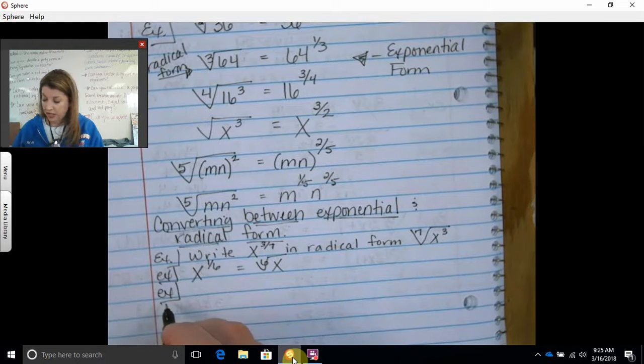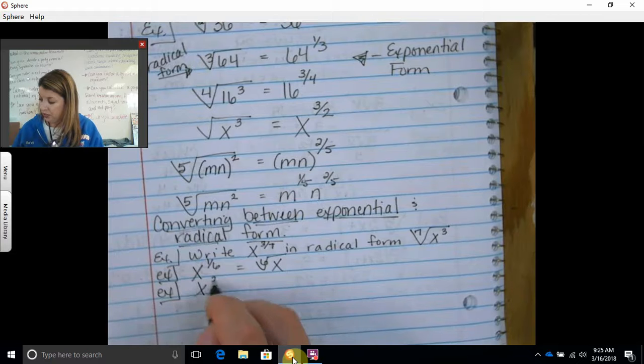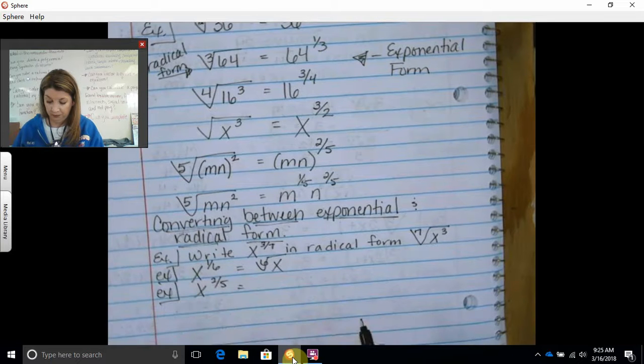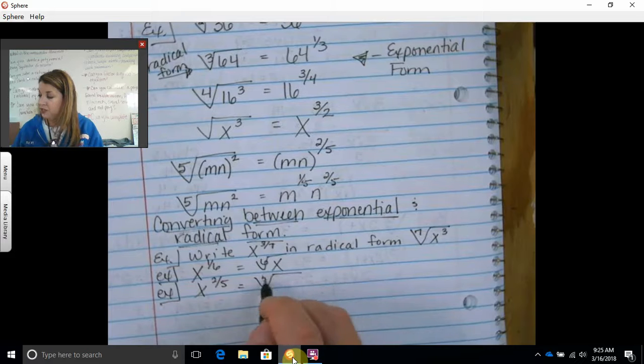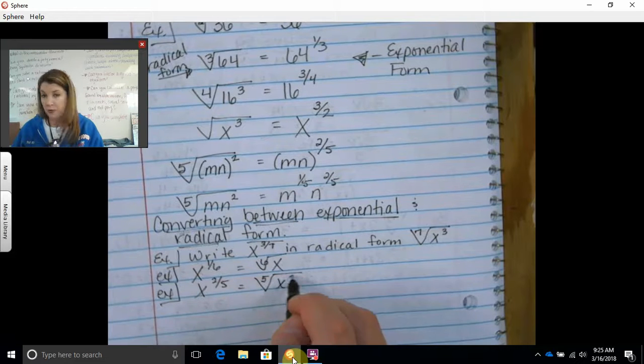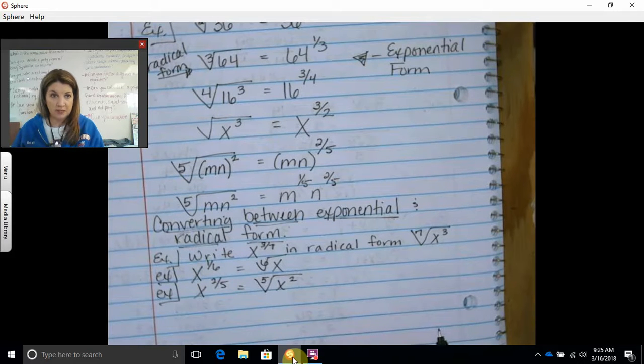How about x raised to the 2/5 power? What's my index? 5. So the 5th root of x squared. Could we simplify that if we were asked to? No.